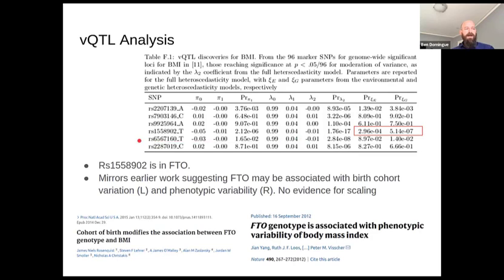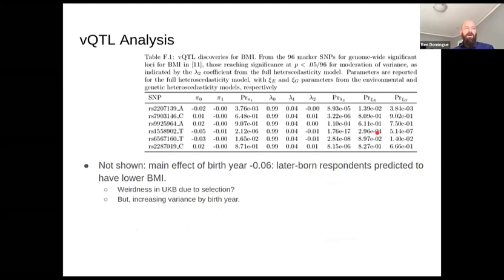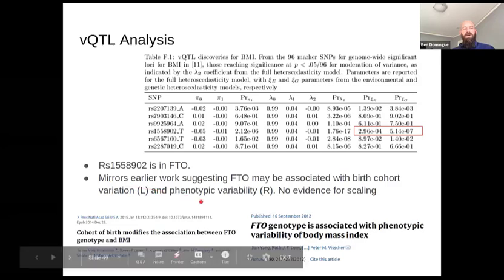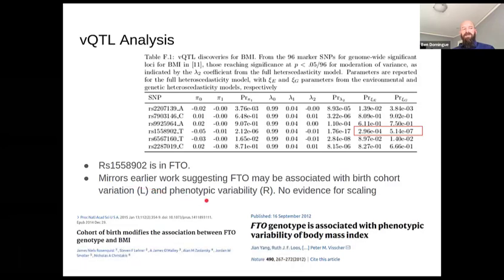That's this one right here. This is a SNP that's in the FTO gene, and we reject the null of the scaling model. This is very consistent with earlier work suggesting that FTO may be associated with both birth cohort variation in BMI, which is the MQTL part, and also phenotypic variability, this plasticity part.